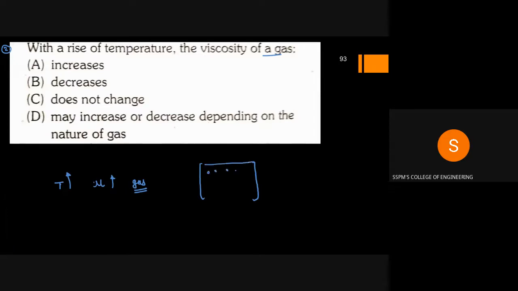Suppose we have one container with gas inside it. As we heat this, the temperature increases, and because of this, the kinetic energy of the gas molecules increases. It will increase the probability of a molecule hitting the other adjacent molecules, and that will increase the viscosity. So the correct option is option A. With rise of temperature, the viscosity of the gas will increase.